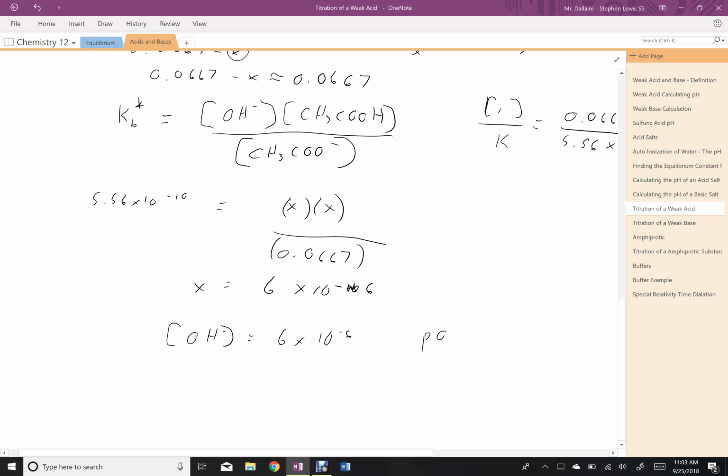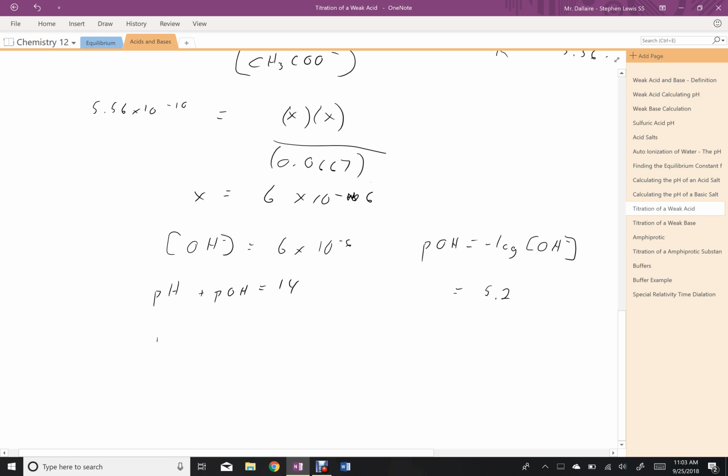My pOH then would be equal to the negative log of the concentration of hydroxide, which would be 5.2. And so my pH plus pOH is equal to 14, as I've shown in a previous video. So my pH in this situation would be 14 minus 5.2, or 8.8.